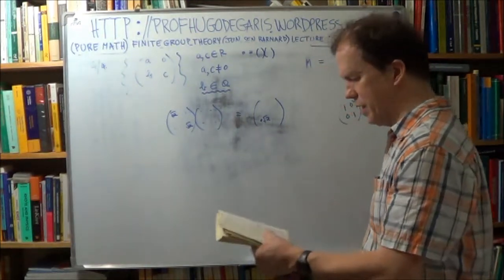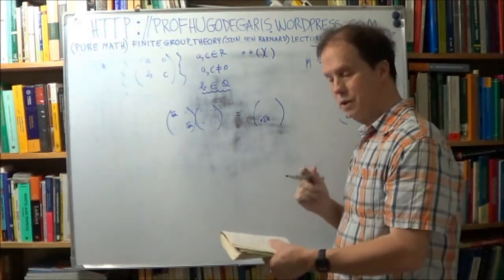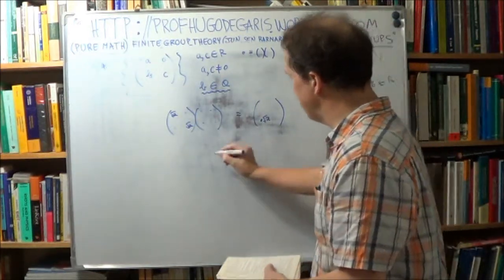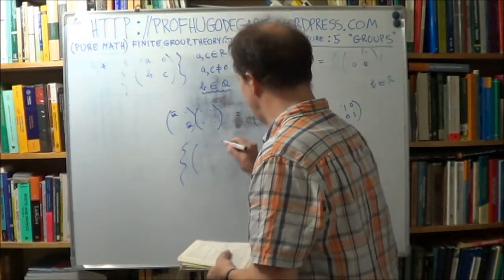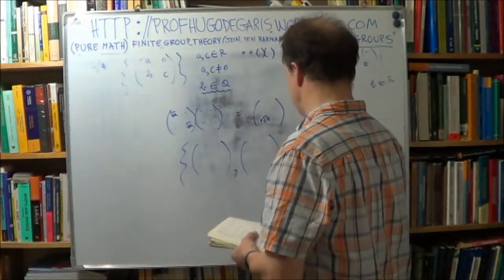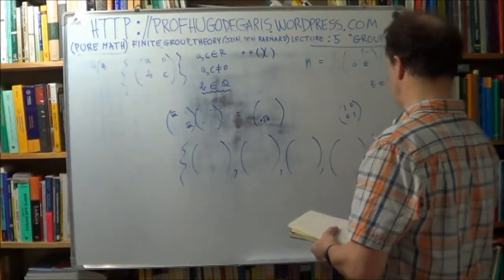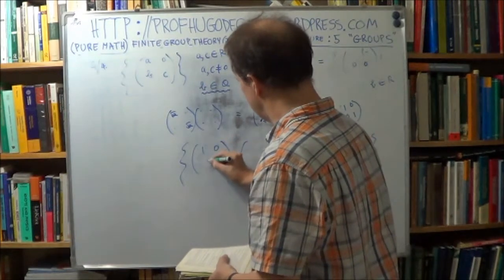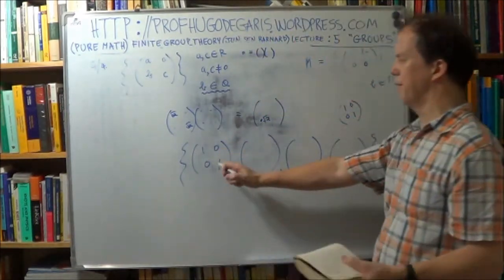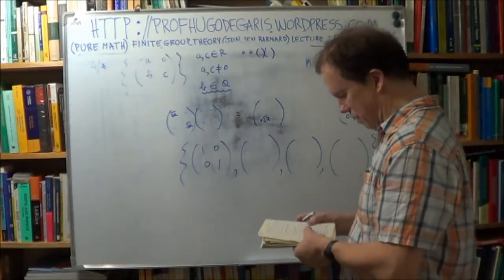All right, now I won't actually do it, but I'll state the problem for you and ask you to do this as homework. You're given a set of 4 matrices. So here's your set, 4 matrices, and you're asked to show that this is a group. So 1, 0, 0, 1, that's going to be your unit matrix, it's well known.